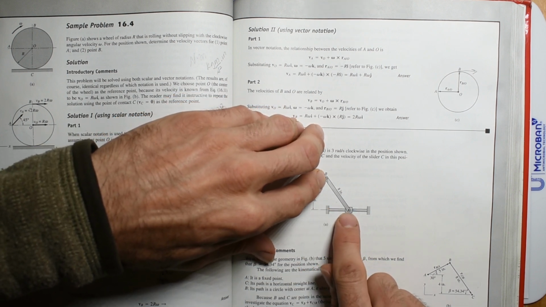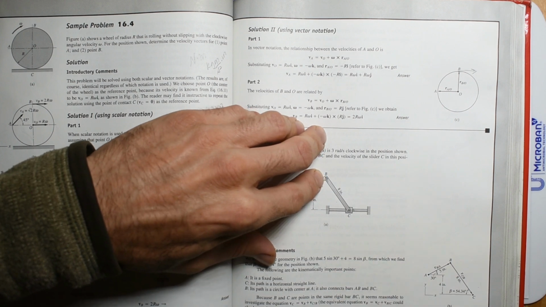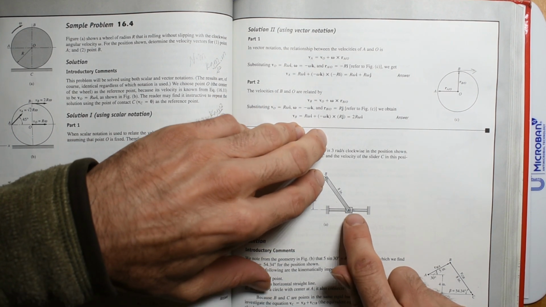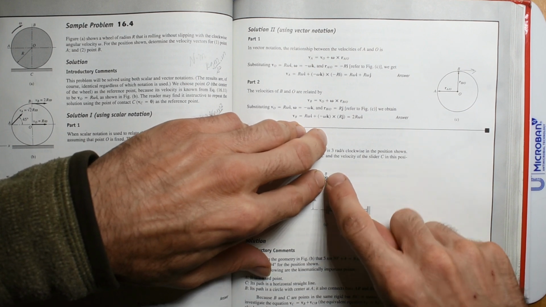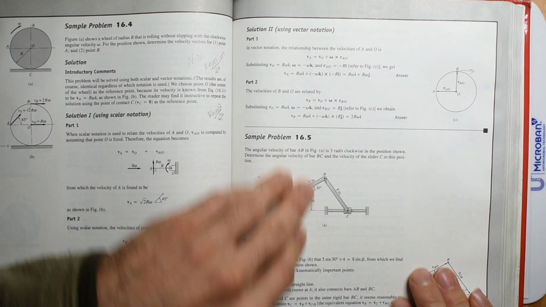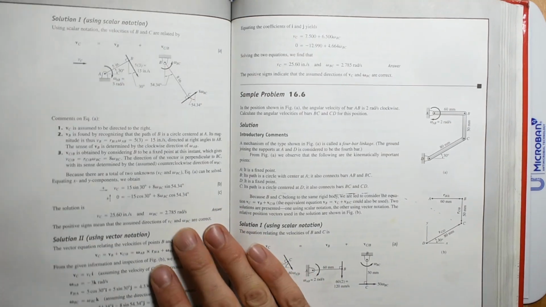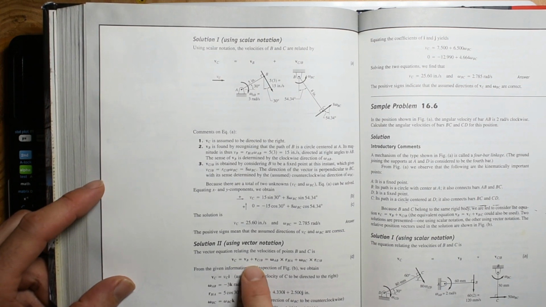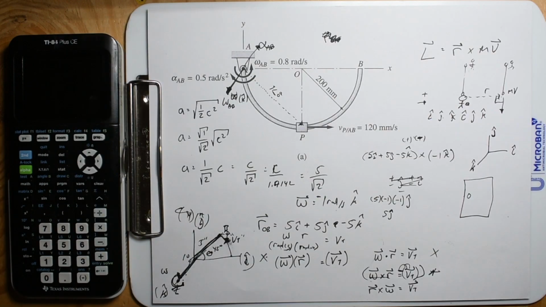But anyway, to find the velocity of C, you actually have to take the velocity of C relative to that point, plus then just the velocity of that point. In the example, they do velocity of C is velocity of B plus velocity of C relative to B. Anyway, all right, moving on.